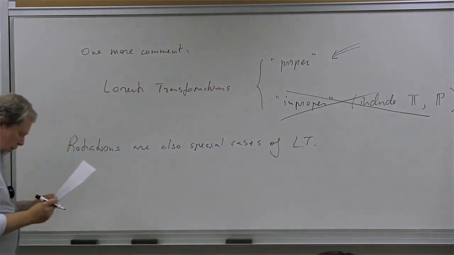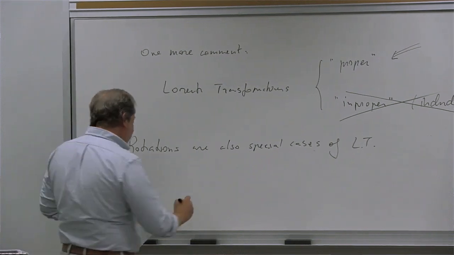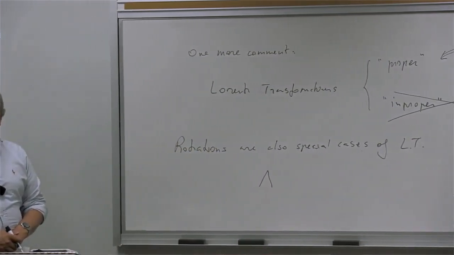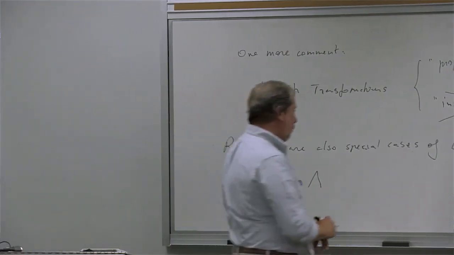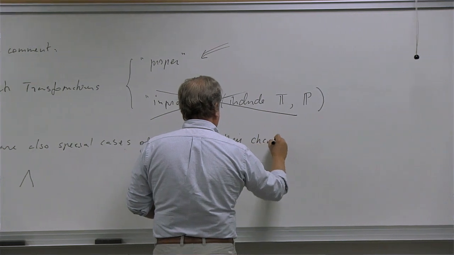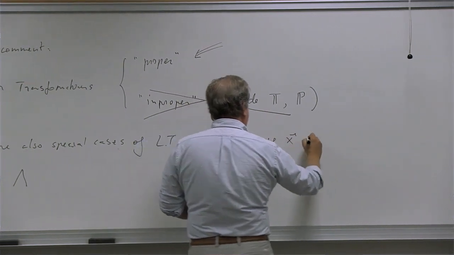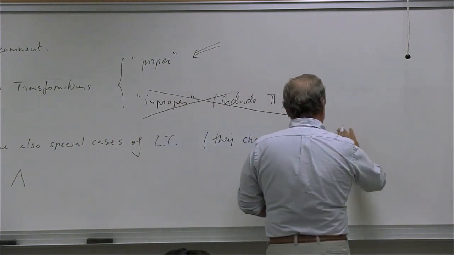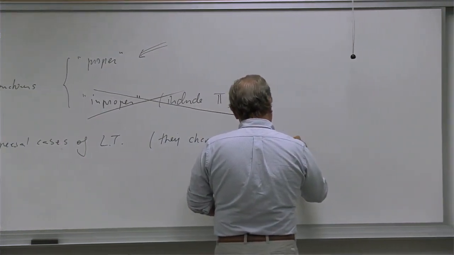And so they have the form that lambda, well, as you can imagine, of course, what they change is the x, which we are going to write as x^i, where i runs from 1 to 3, obviously.